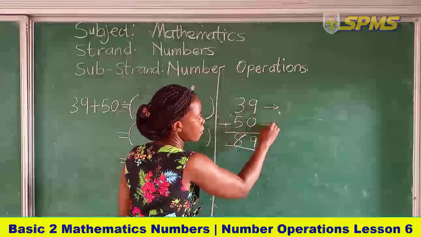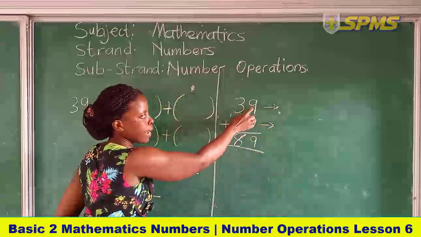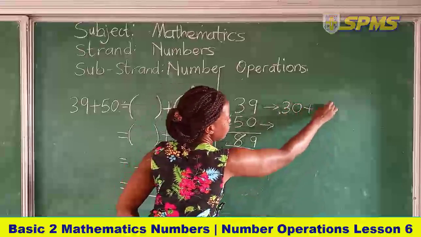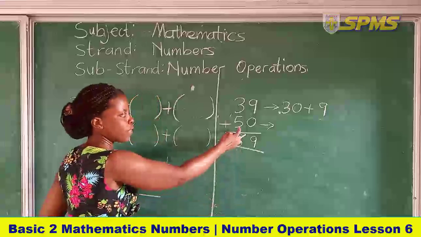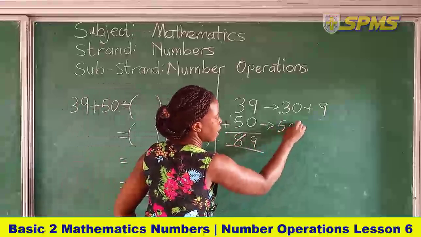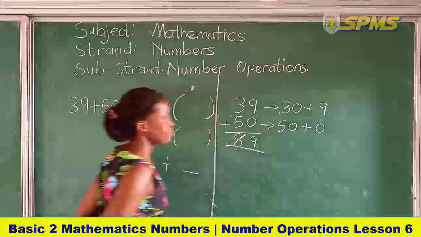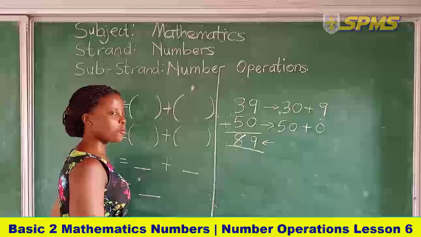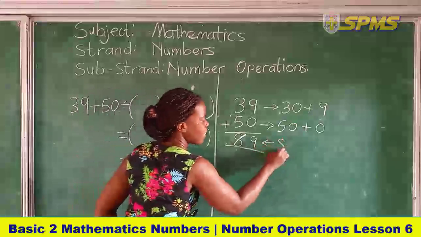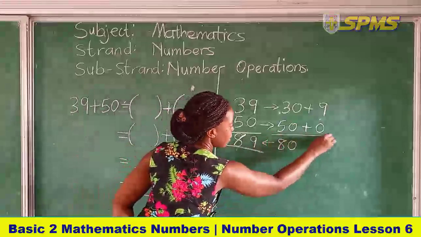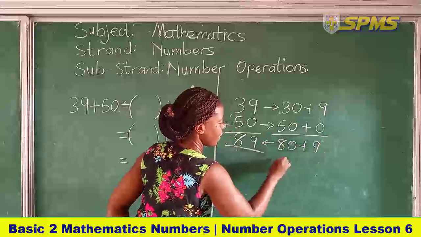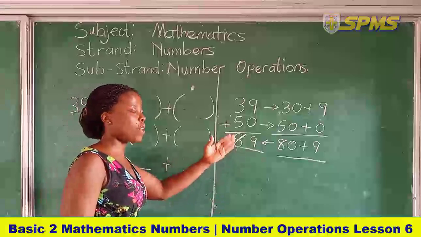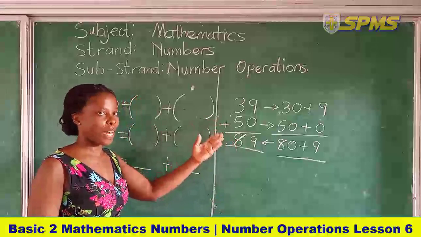You have your arrow. 3 and 9 is what? 30 plus 9. Your 50 is what? 50 plus 0. You expand, then sum two. What do you get? 80 plus 9. So this is the expanded form in a vertical manner.